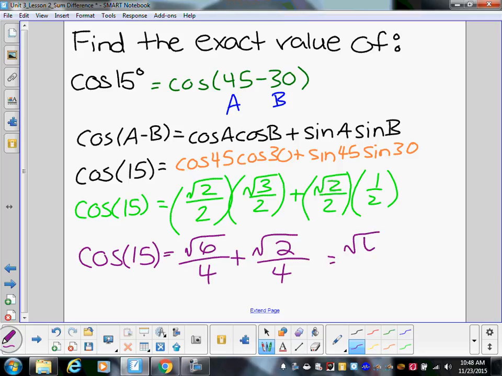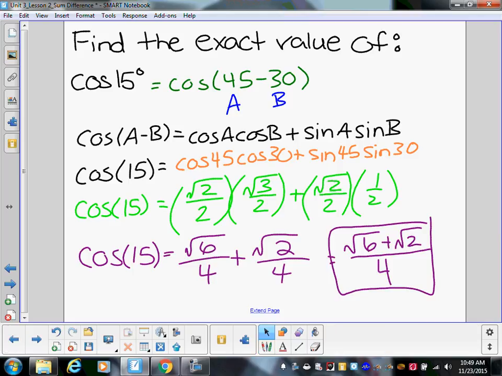So I just say root 6 plus root 2 over 4. That's the simplest I can get without getting some sort of decimal, which is not what I want because I want an exact value. That's the answer.